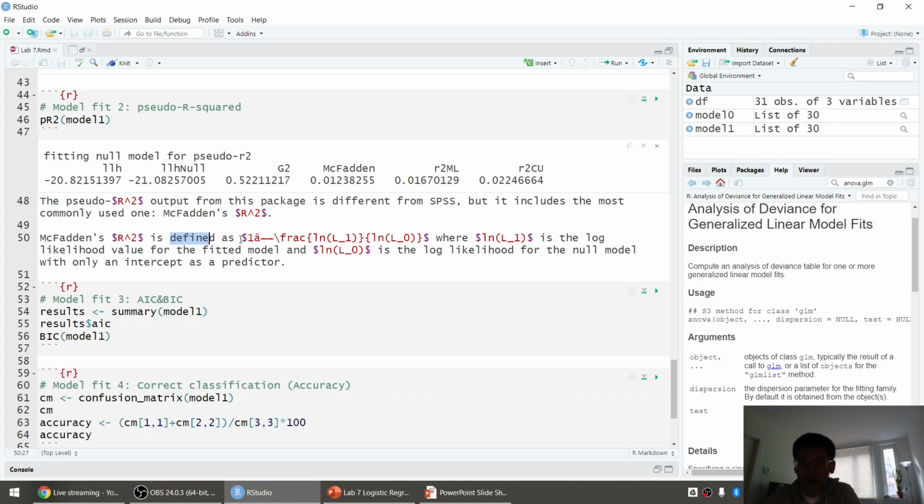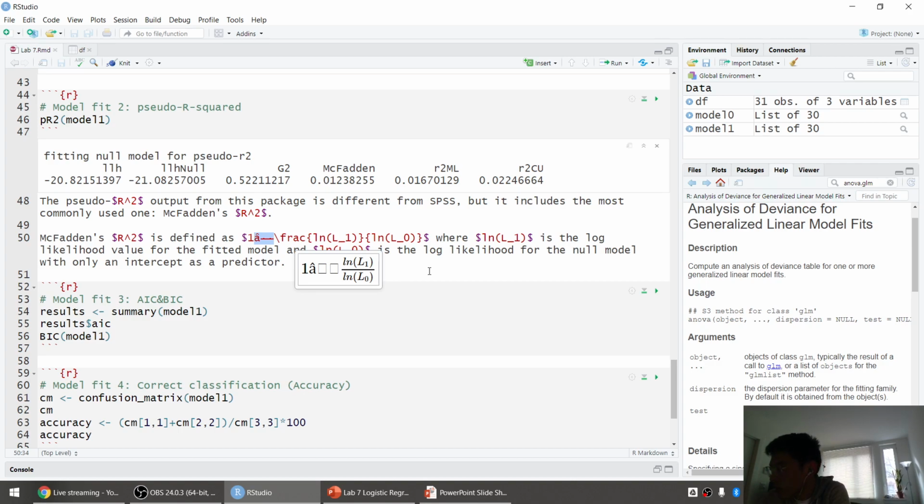Okay. So for the McFadden one, it is defined as the, oh, this is something not so correct, right? Let me see. Where is the equation? Just give me 1 second. Let me fix this.